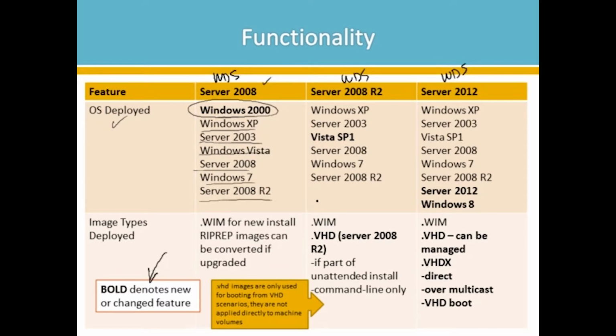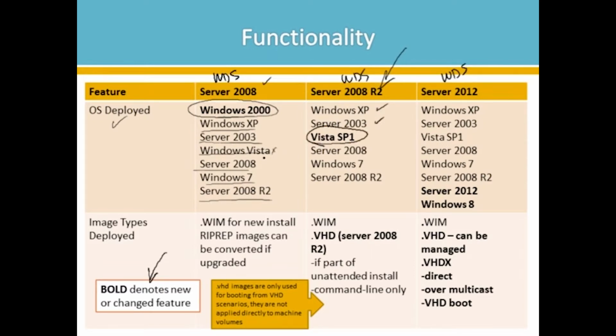Now, shortly after 2008, we had the giant Service Pack of Life, which was big enough for us to name Server 2008 R2, Release 2. If you happen to be running R2, notice 2000 is no longer there, but you can do XP and Server 2003. We can do Vista, but it has to be Service Pack 1.